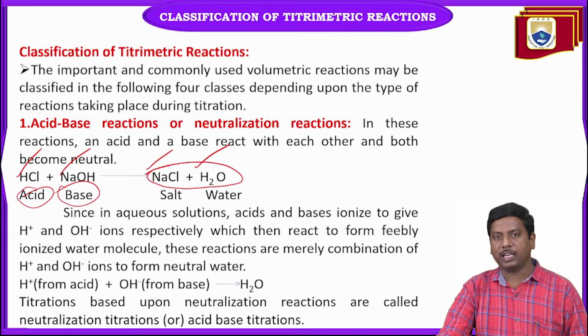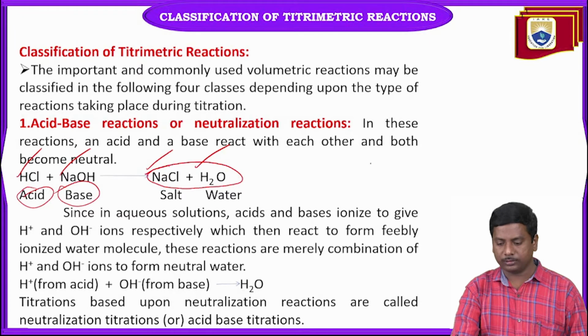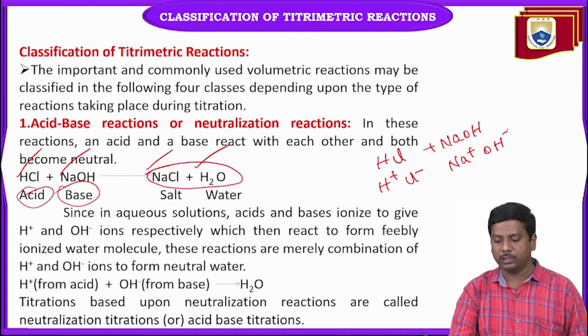From the acid we take HCl, which dissociates into H+ and Cl- ions, and the second compound NaOH, which dissociates into Na+ and OH- ions. Now we see the products. Products are NaCl and water.